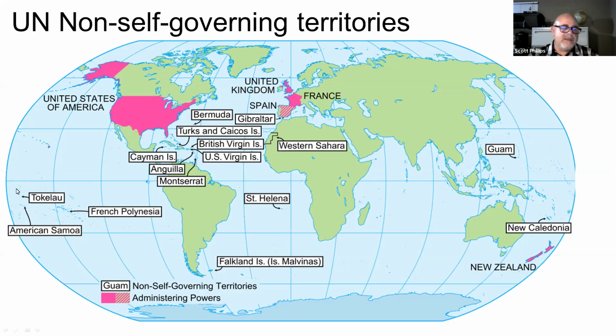And part of the reason, this is going to be true in the Pacific Ocean as well, is that it is difficult for very small islands to sustain themselves economically. So oftentimes they're more dependent on other countries for aid and support.